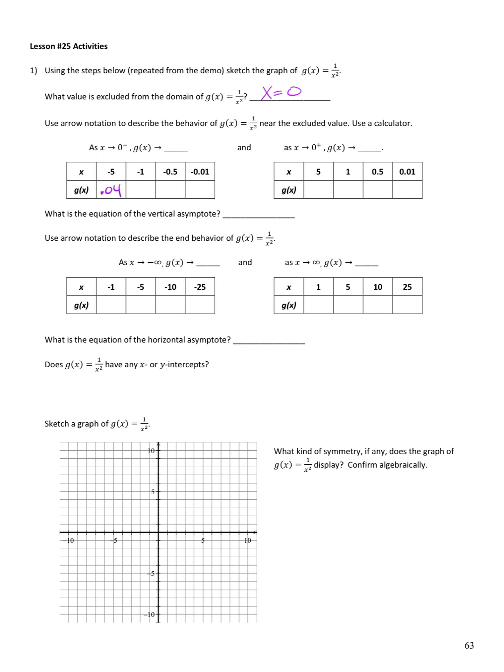1 over -1 squared, that's 1 over 1, which is 1. 1 over -0.5 squared, so 0.5 squared is 0.25, and then I have to do 1 over that, and I get 4. And then 1 over -0.01 squared.